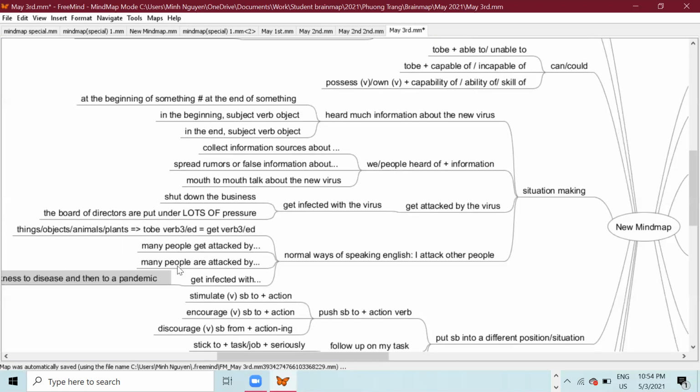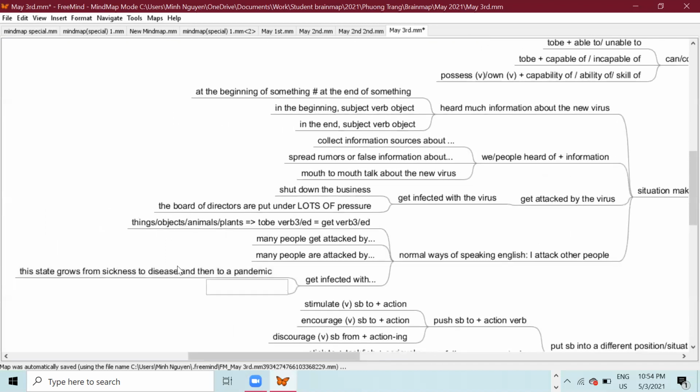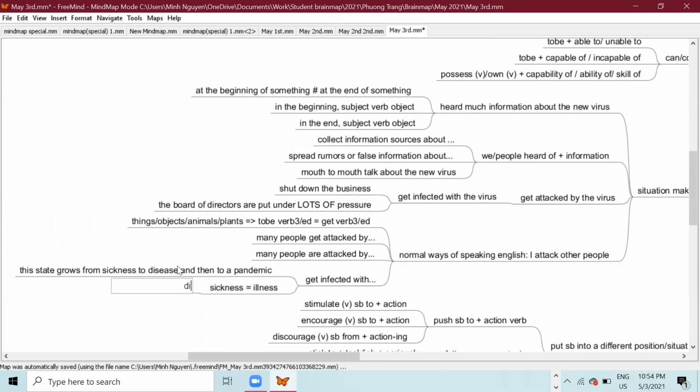So first, when something is very simple and common, you are going to use the word sickness, the same as the word illness, like a headache or a normal cold. And then it gets bigger. You need to go to the doctor and stay in the hospital for a short time in order for the doctors to examine your health. You will need to use the word disease, because you suffer from the disease.